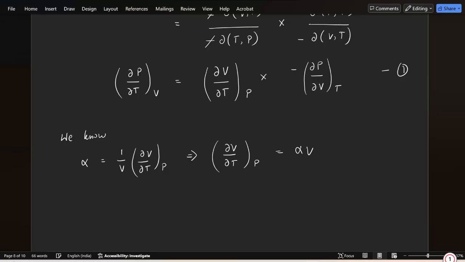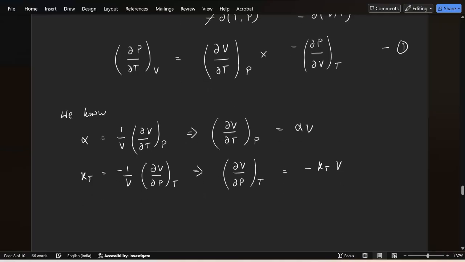So we have this. Then similarly we need the isothermal compressibility: del V by del P at constant temperature is equal to minus KT V. But what we want is del P by del V, so just the reciprocal of that.